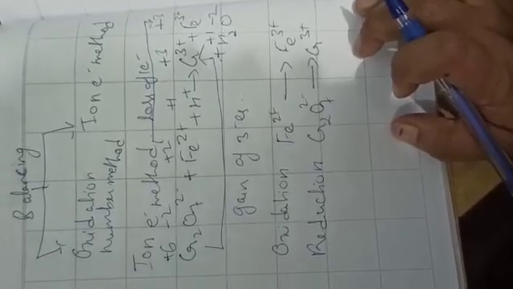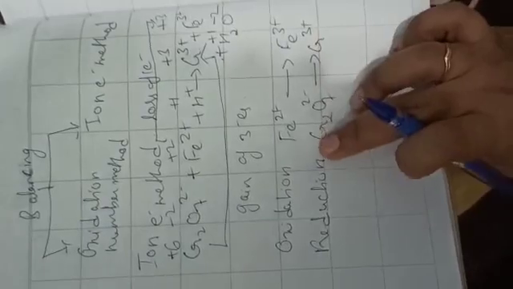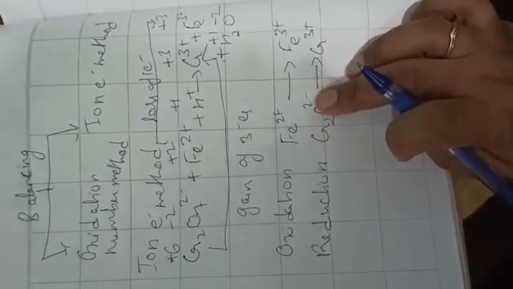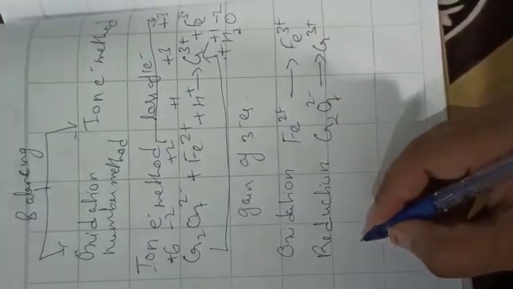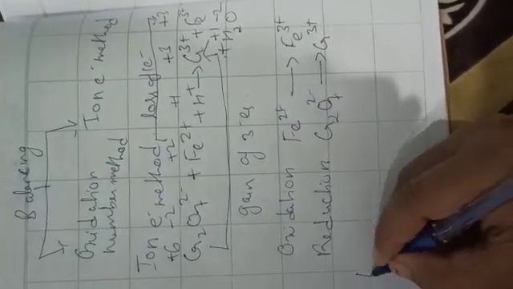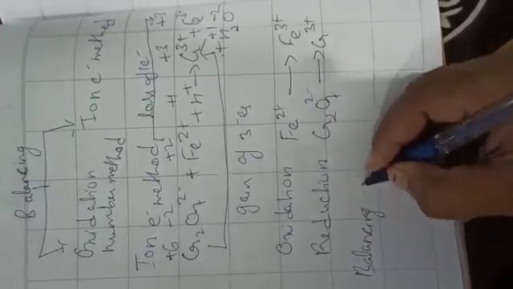Okay, so first of all, let's take the first half of the reaction, which is your oxidation half. Let's write that we are balancing the oxidation half.